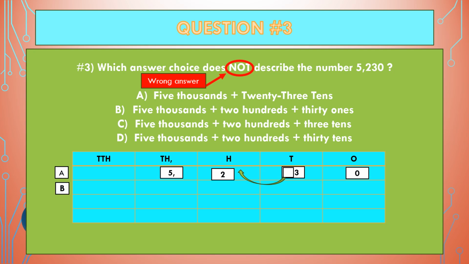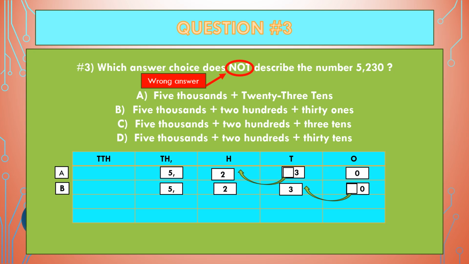So let's look at answer choice B. 5,000s plus 200s plus 31s. Well, I can't put 31s in the ones place, so I need to unbundle. Well, I know that 10 ones is a 10. So if 10 ones is 1 ten, then 30 ones is 3 tens.